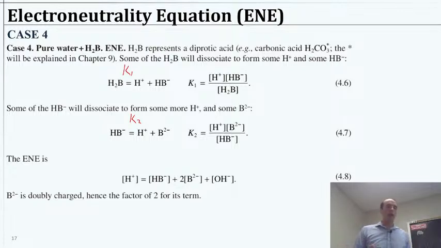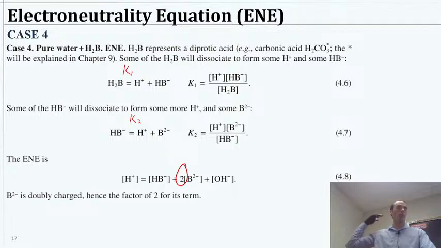So sometimes we can do that, but in general, let's go ahead and write everything out. All of the positive charges are just simply the H plus in this case. We didn't add anything else with a positive charge. So we're going to set that equal to the HB minus plus 2 times the B2 minus. So the 2 here, when we're counting the charges, we have to account for the 2 times that number of molecules, because this is just the concentration of that molecule, and does not include the charge.